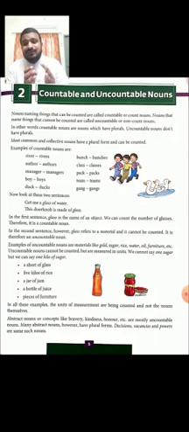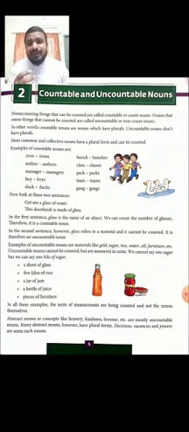Now, what are the examples of uncountable nouns? It can be gold, sugar, rice, water, oil, furniture. All these can be called uncountable nouns because we cannot count. For example, we never say two rices or three rice or two water or two gold or two sugar.